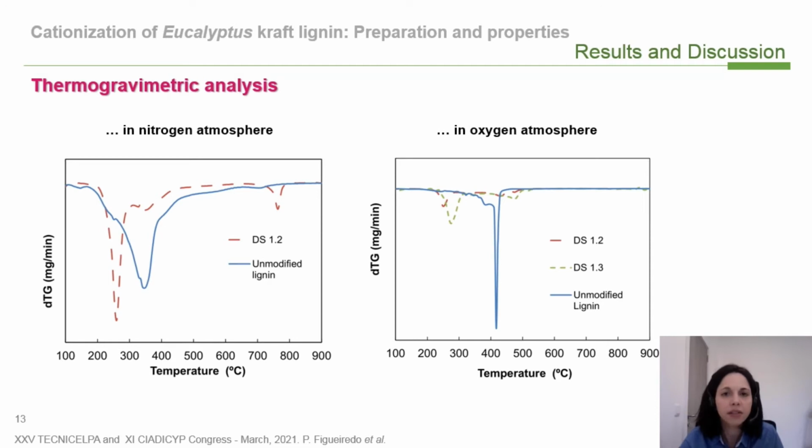It's evident that even in nitrogen atmosphere, the cationized lignins are more sensitive towards temperatures beyond 200 degrees Celsius. This is most likely due to the well-known thermal degradation of quaternary ammonium salts, which affords tertiary amines. Furthermore, alkenes can be formed by an E2 Hofmann elimination mechanism, due to the presence of a proton in beta position relative to the ammonium nitrogen atom.